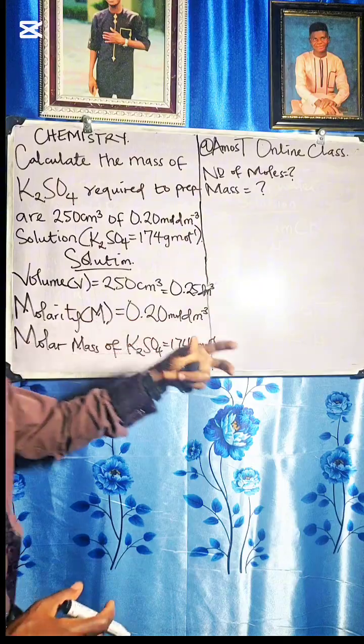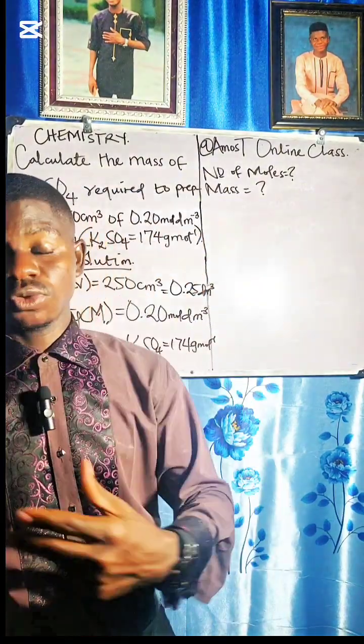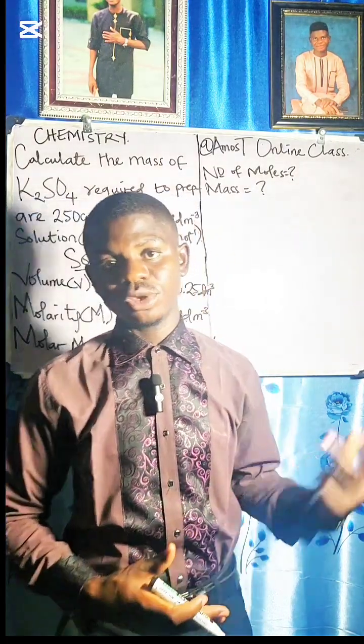Remember that I told you we're going to use the formula: molar concentration is equal to the number of moles divided by the volume in cubic dm.